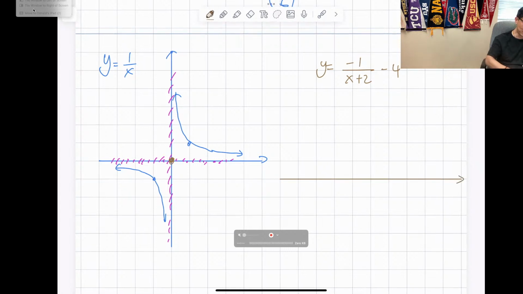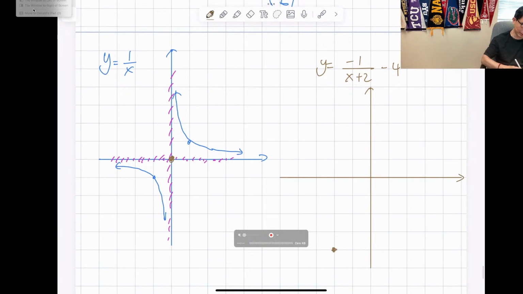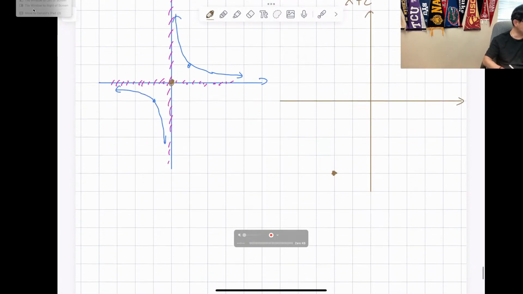Yeah. So what I'm gonna do is take this. Now, do you realize that this point here is the one that is moving left and right? In this case, plus 2 is moving where? Left 2, right? So 1, 2, and move down 4: 1, 2, 3, 4. So that's the point where the asymptotes intersect.